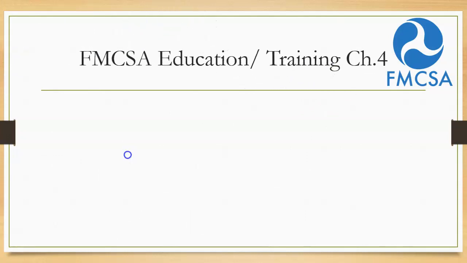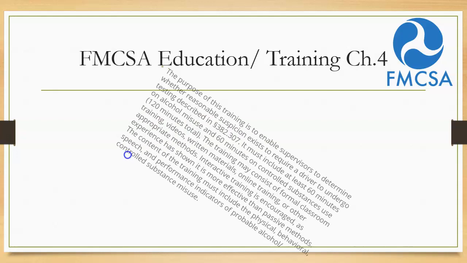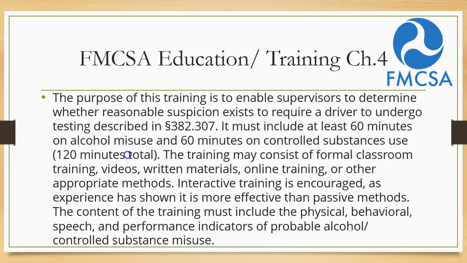The Federal Motor Carrier Safety Administration discusses under the educational and training in Chapter 4 that the purpose of this training is to enable supervisors to determine whether reasonable suspicion exists to require drivers to undergo testing described in Section 382.307.